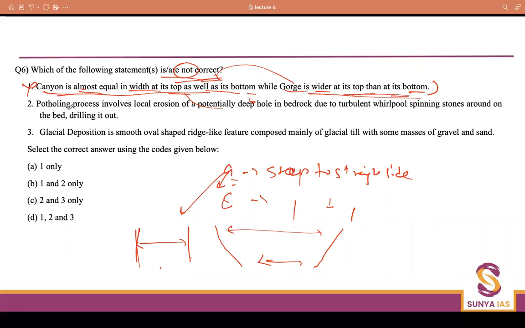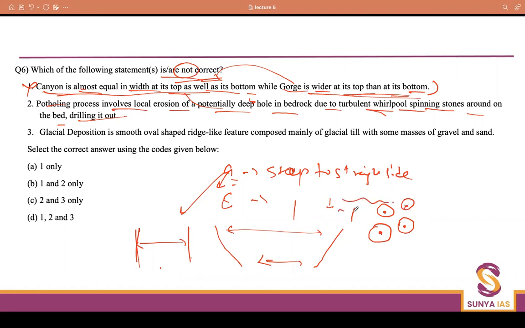This is not correct. Second, the potholing process involves local erosion of a potentially deep hole in bedrock due to a turbulent whirlpool spinning stones around the bed, drilling it out. Definitely this is correct. We have seen potholes. Such small holes are formed. There are gravels and substances present in them which can cause erosion.